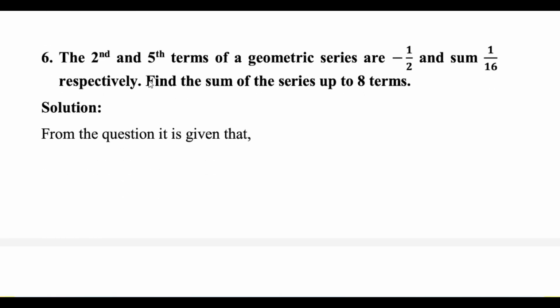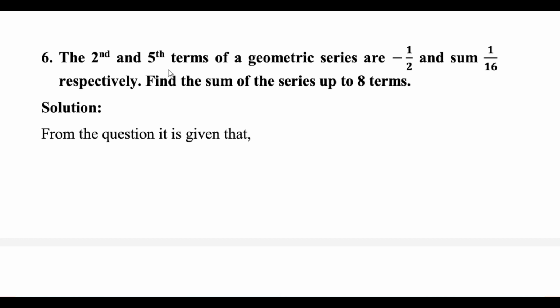The second and fifth terms of the geometric progression are minus 1 by 2 and 1 by 16 respectively. Find the sum of the series up to the 8th term.